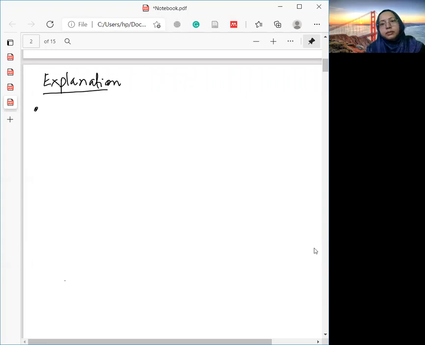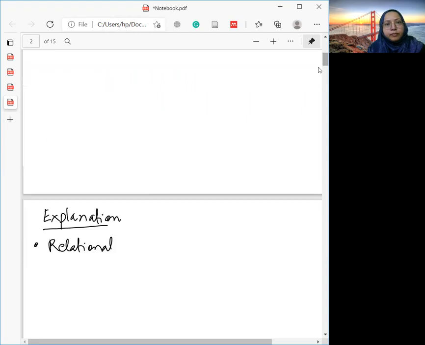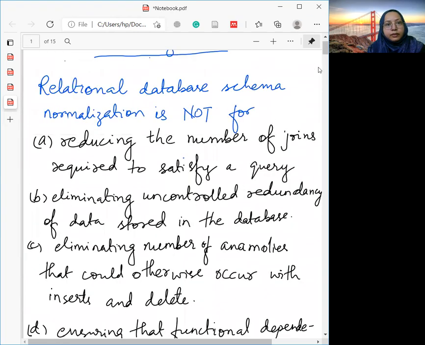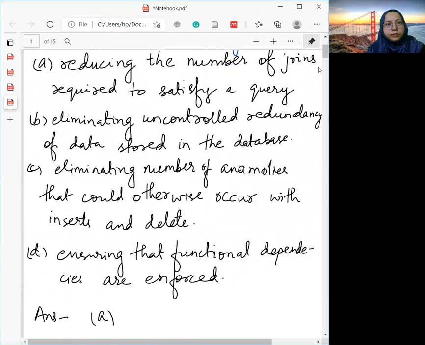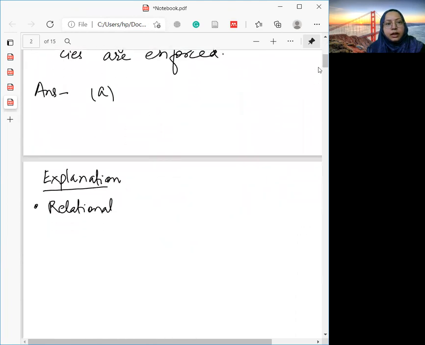So relational database schema normalization is not for reducing the number of joins required to satisfy a query. Okay. That is why your answer is option A.